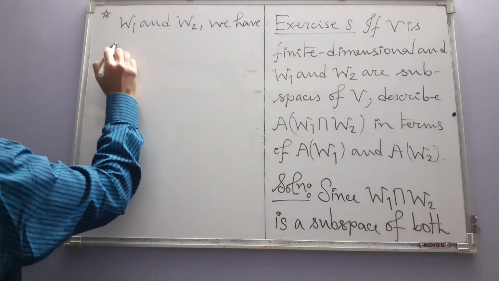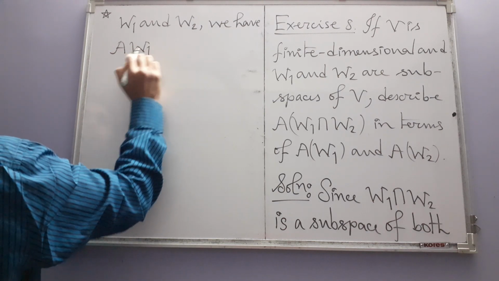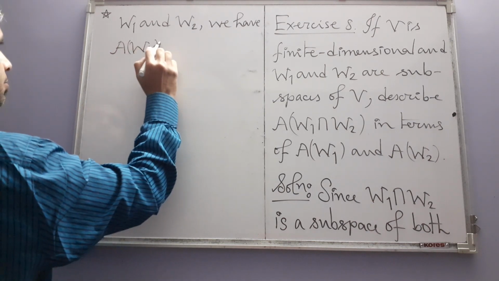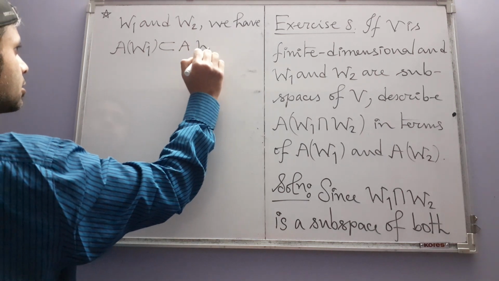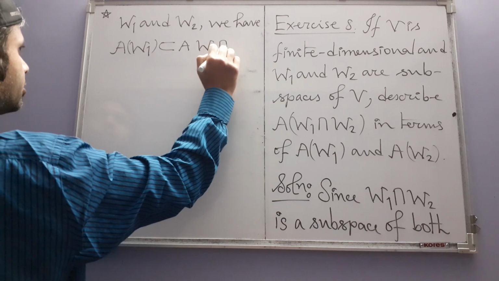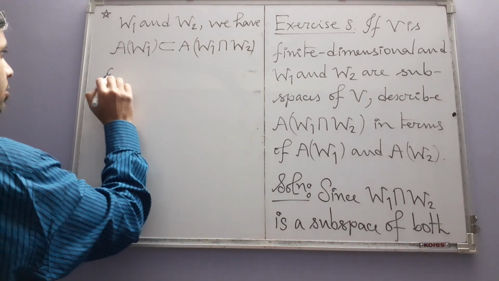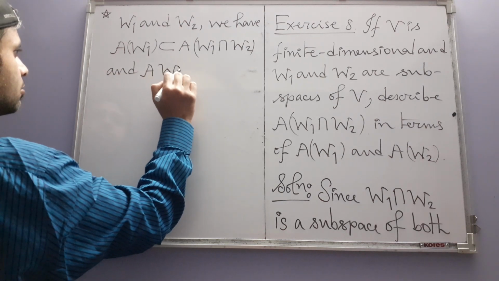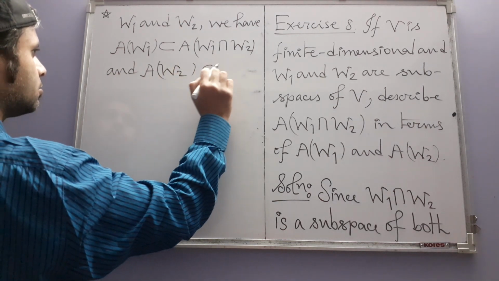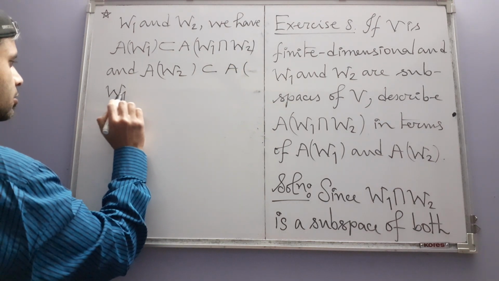We have A of W1 contained in the annihilator of the intersection, and like that, this is also contained in the annihilator of the intersection.